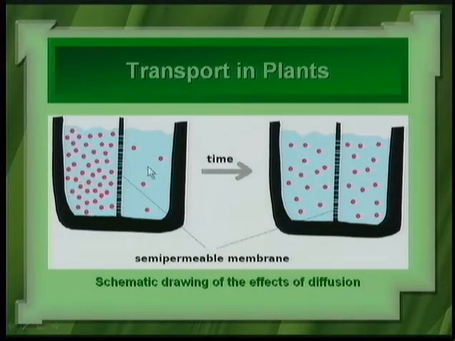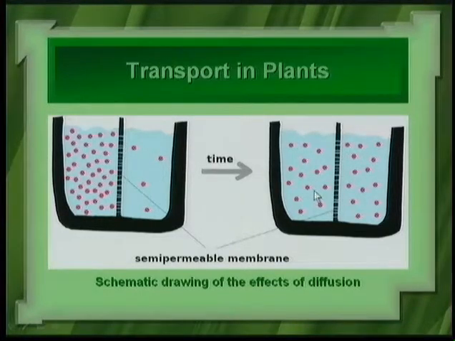So the water molecules will also have a net movement in the opposite direction, because remember, the water molecules are moving in over here and over here. What you'll have is a net movement of water molecules from this side of the membrane to the other side. So what you'll eventually have is the same concentration of water and the same concentration of solute on both sides of the membrane in this instance, when you have diffusion.